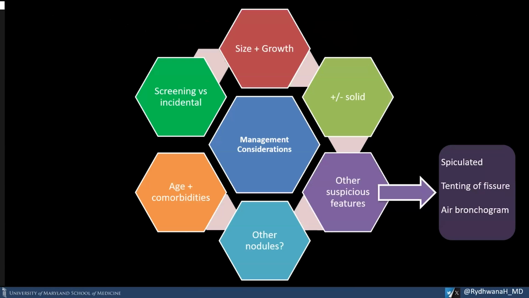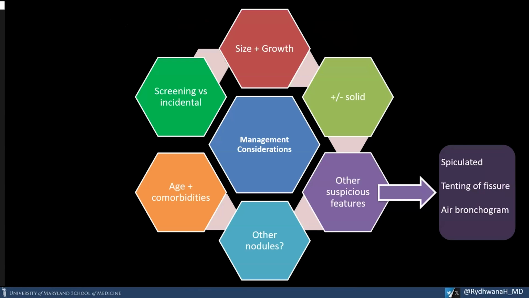So how do we manage pulmonary nodules? It's sort of an art a little bit. The first question is, is this a screening nodule or an incidental nodule? Based on that, you will have different management parameters, which I'll end my talk with.